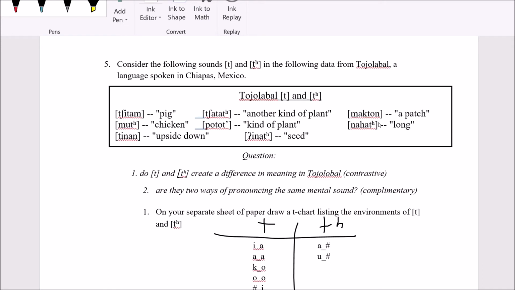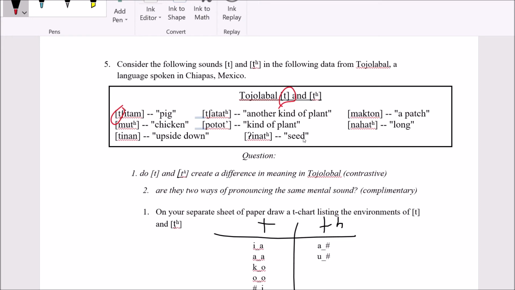The one thing that you would not see on your test, which makes this one a little more difficult, is that you should be able to know from the IPA charts we've seen that in Chitam, and let's draw that here, this sound there, that T that you see, is not a T. That is not the voiceless alveolar stop.